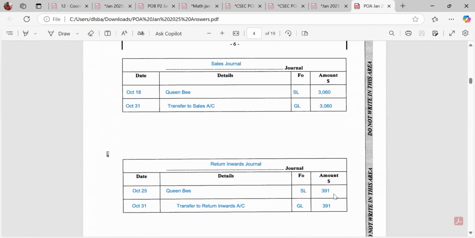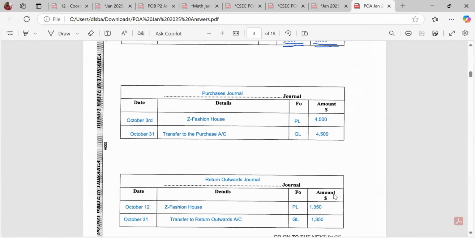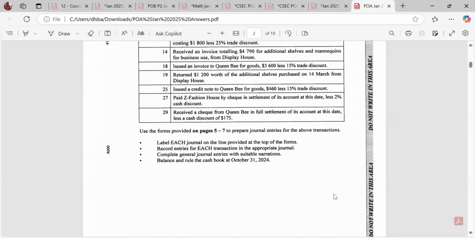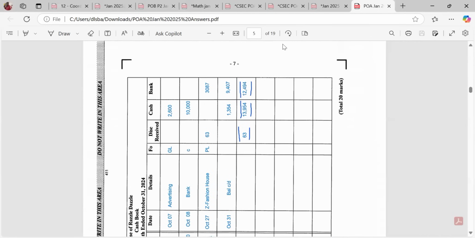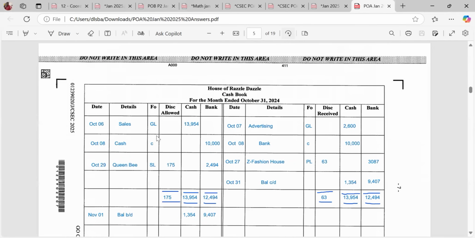So the minus 391. So they were owing us 2,669. And we gave them a discount of $175. So on our debit side, because they're paying us money, I'll record Queen B SL, and I will record the $175 discount and subtract it from the amount they were owing us, and that's how much they paid, $2,494.